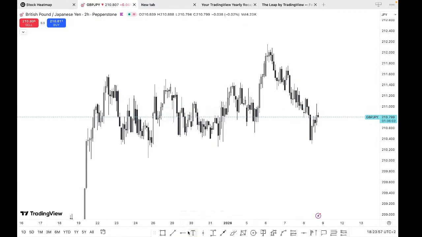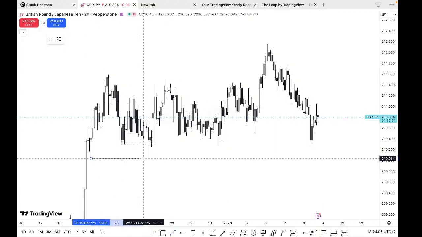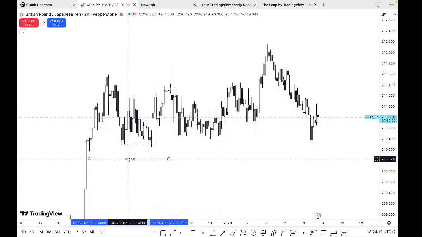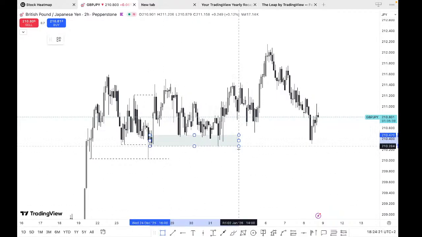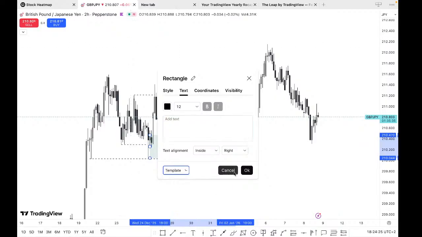So it's interesting. Market came back down, gave us a break of structure here, didn't sweep this low, so that low is safe. It didn't liquidate that low right there, and then it tapped into this area of interest. The market then mitigated, and from there tapped into this area of interest, so that becomes your demand or OB.